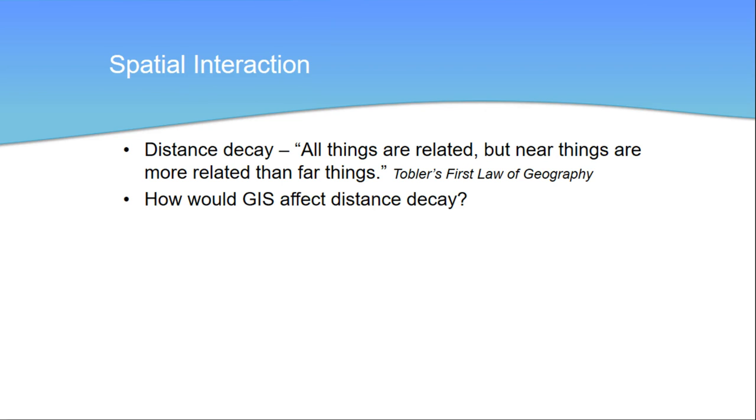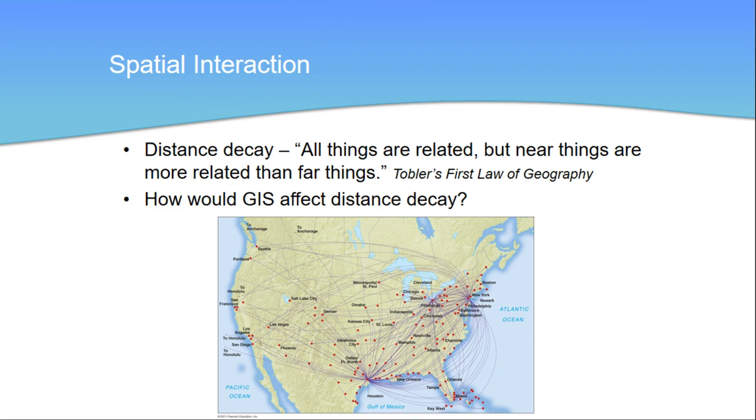There's this fun quote: all things are related, but near things are more related than far things. And GIS has helped us minimize some of that distance decay, and we will talk about that later on when we start talking about interactions among settlements and places.